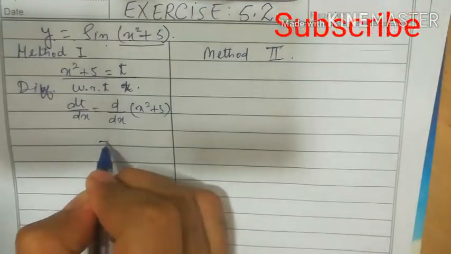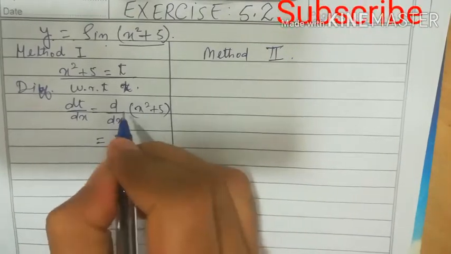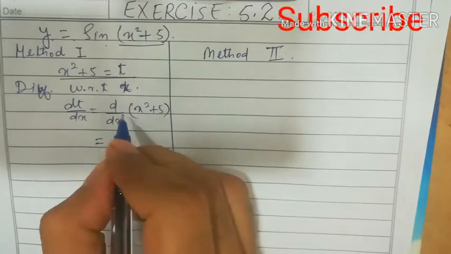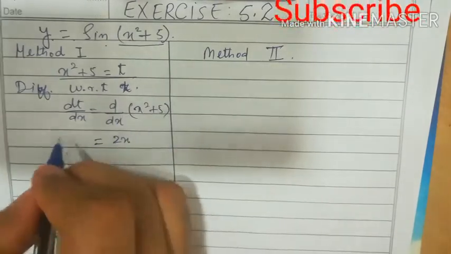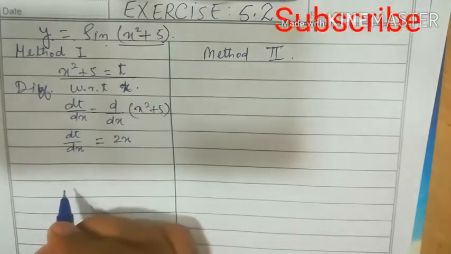Differentiation of x square is 2x, and differentiation of 5, it is a constant, is 0. So dt divided by dx is nothing but 2x.